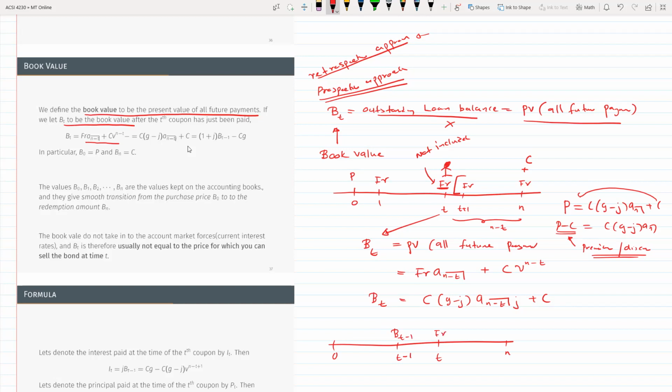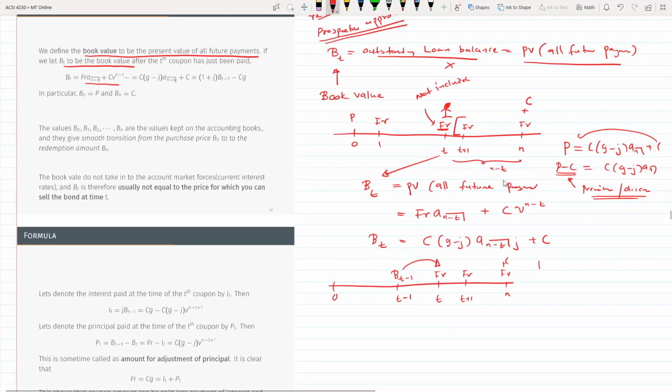That would be the present value of future coupons plus C. So you can see that if you bring it here, because it's going to grow, you can easily prove that B_t is (1 plus j) times B_(t minus 1) minus CG.